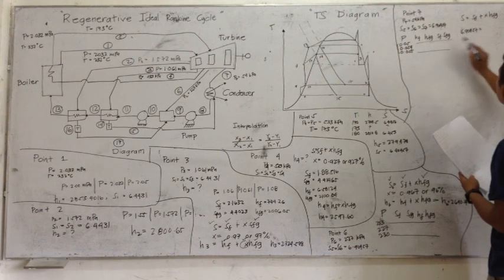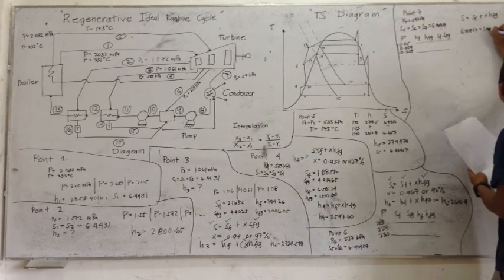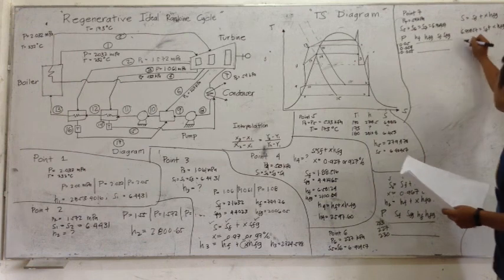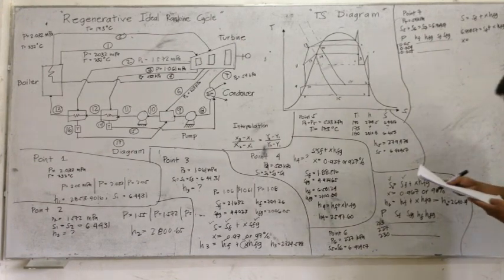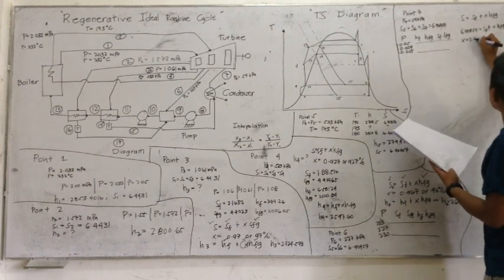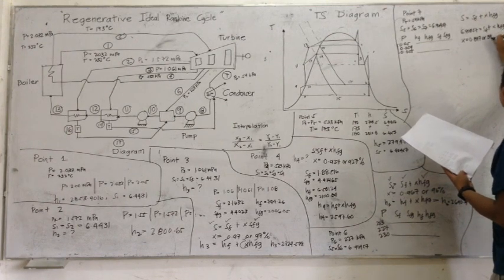By interpolating this, we directly substitute our SF here plus X and HFG. So we can now locate the quality X. The quality X is 0.897 or 89%.